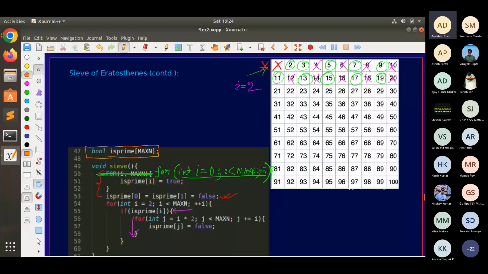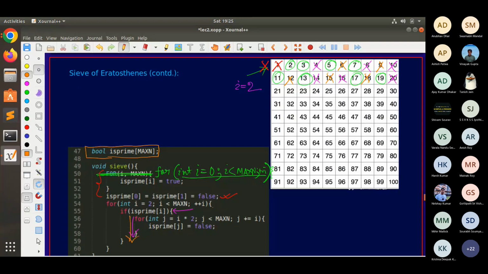So you know that it's a prime. And you start crossing its multiples. So you cross 6, you cross 9, you cross 12, you cross 15, cross 18. That's it. So this part for 3 does this for you.